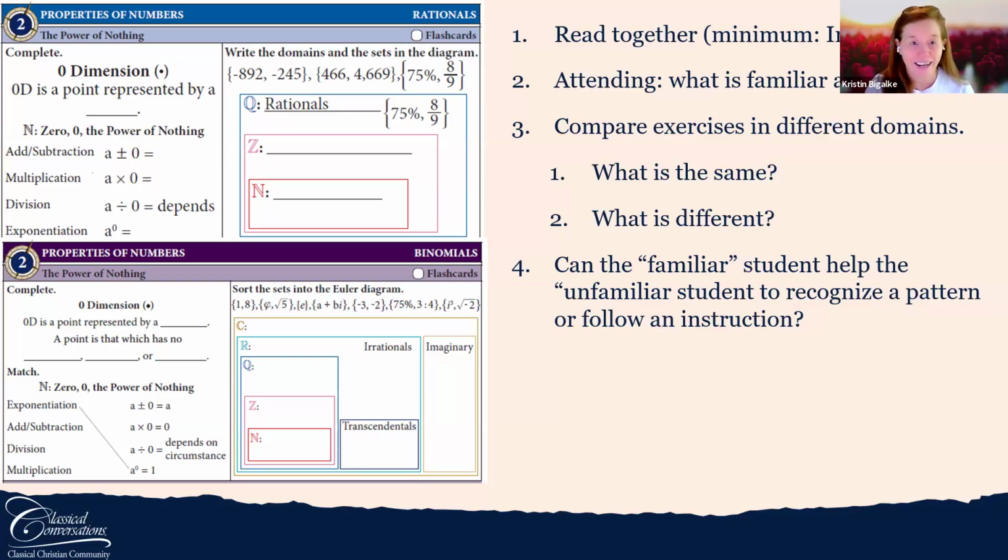So that's kind of fun. That is good. Another unfamiliar, the colorful letters, what do they mean? Okay, that's good. Transcendentals might be unfamiliar. A divided by 0, depending on circumstance. Yeah, that word depend gives me anxiety. Unfamiliar in binomials, the negative square root. And as a first timer, the Euler diagram is unfamiliar. I can remember that. Yeah.